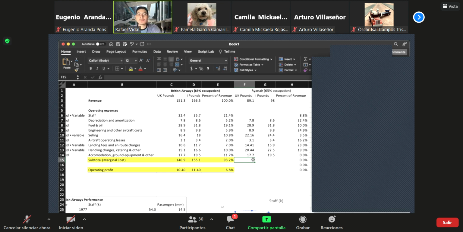Okay, let me calculate this. So this is the summation of this. It is missing the first one, right? Yes, that's true. So let me do the same. I'm going to copy this and use this exchange rate.